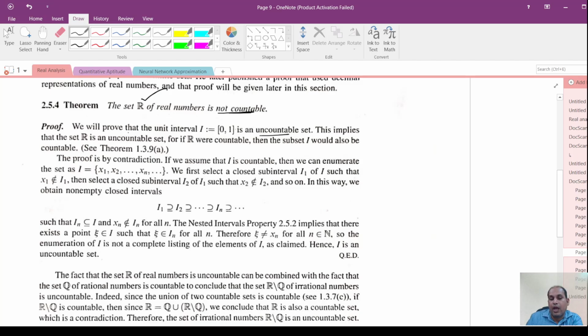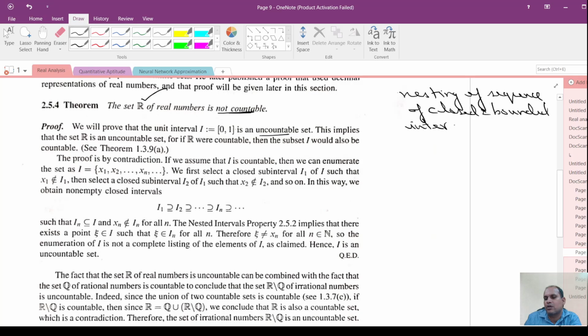Since in the nested interval lemma, if you recall, we need a nesting sequence of closed and bounded intervals, we will start from closed intervals.